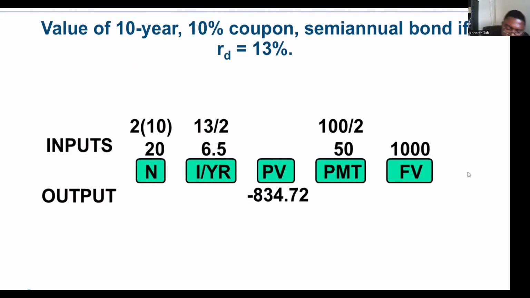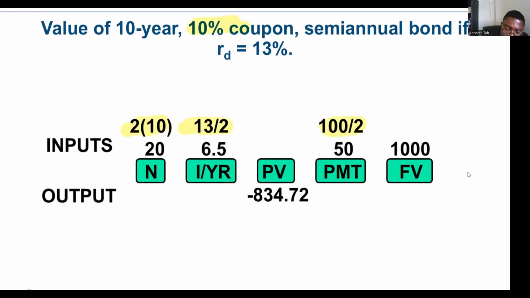So here we are going to make all the adjustments that we mentioned. The number of periods will be adjusted by multiplying by 2. The interest rate will be adjusted by dividing by 2. And the payment, a 10% coupon on a 1,000 bond, is going to be divided by 2. And we are going to have $50.